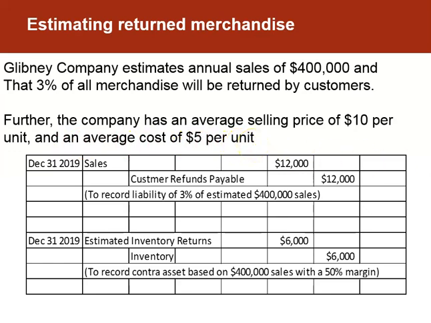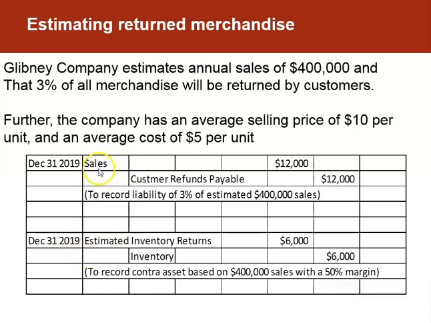So they're going to do two things so that the financial statements are as fairly presented as humanly possible. So the first thing they're going to do is take an immediate hit to sales.